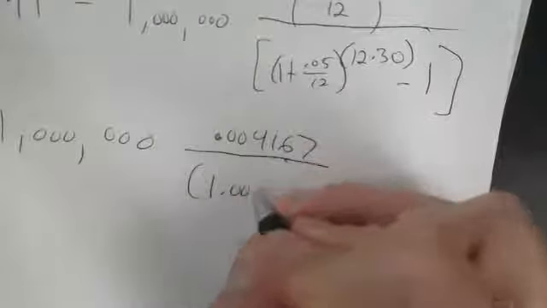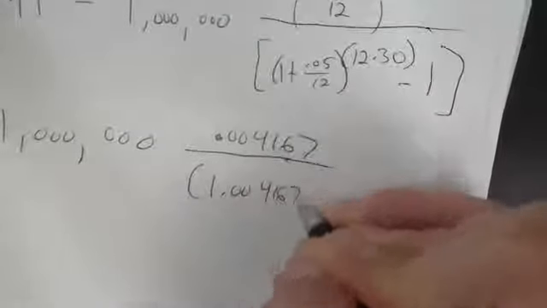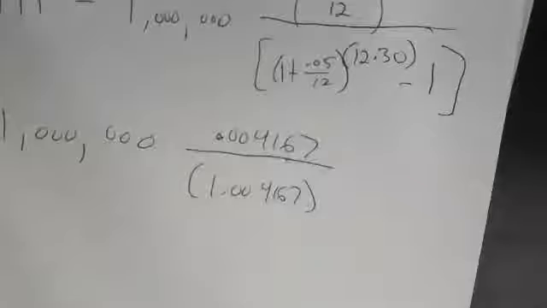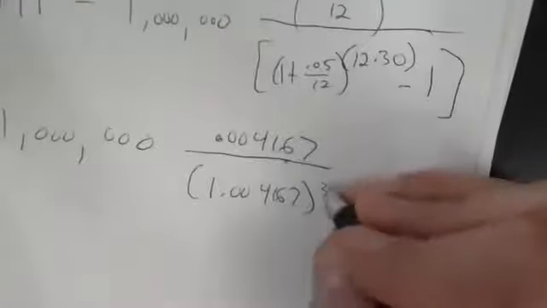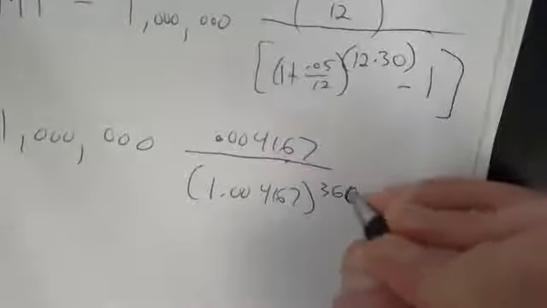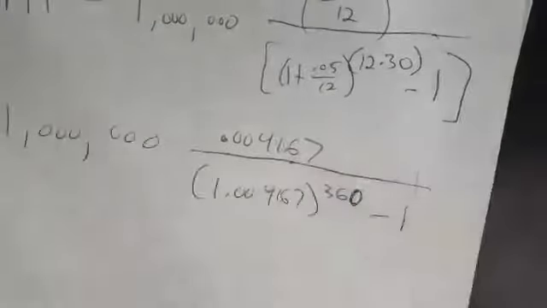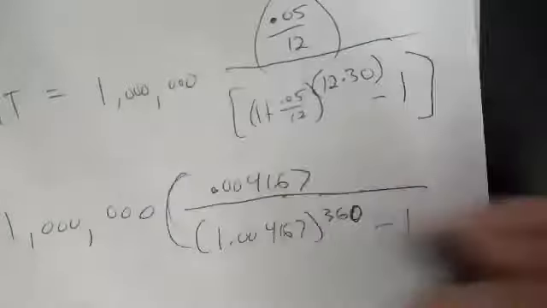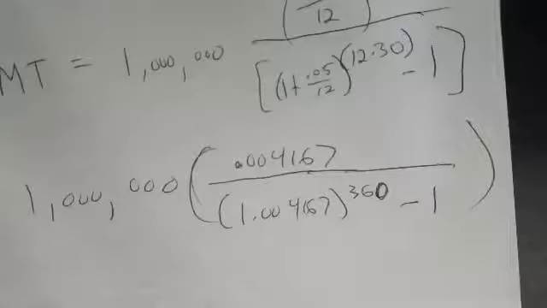It gives me 1.004167, and I have to raise this to the 12 times 30, which gives me 360. And then I have to subtract 1. Okay, so 1.004167, and I'm going to raise that to the 360. Subtract 1.